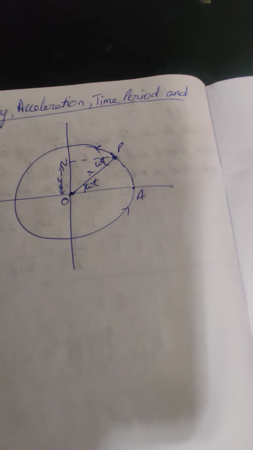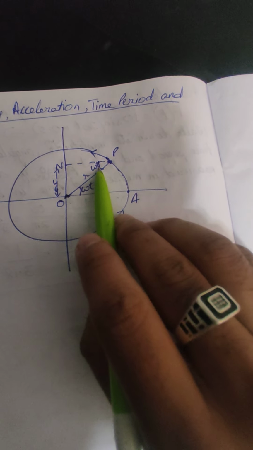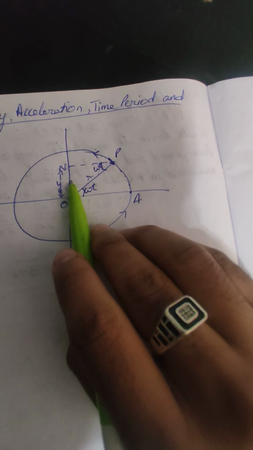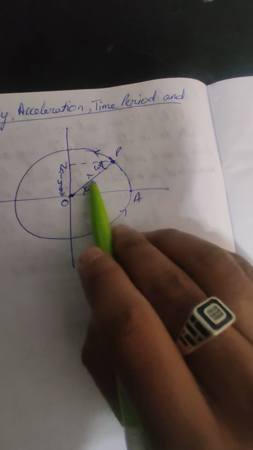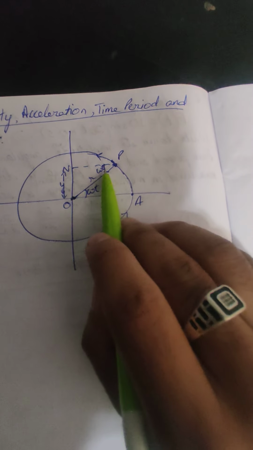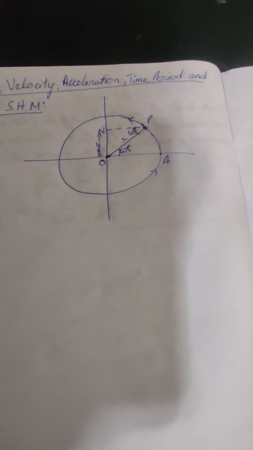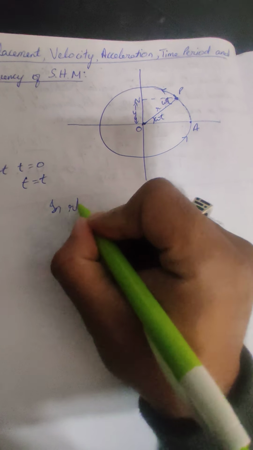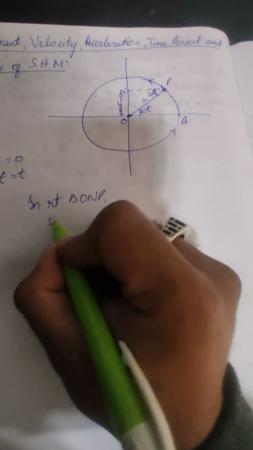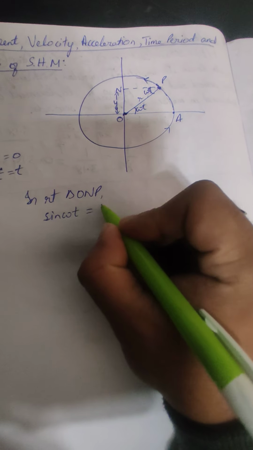Since these are alternate angles, if we take triangle ONP and consider this angle omega t, then the perpendicular will be ON, and the radius r will be the hypotenuse OP. So in right triangle ONP, sine omega t is perpendicular by hypotenuse.